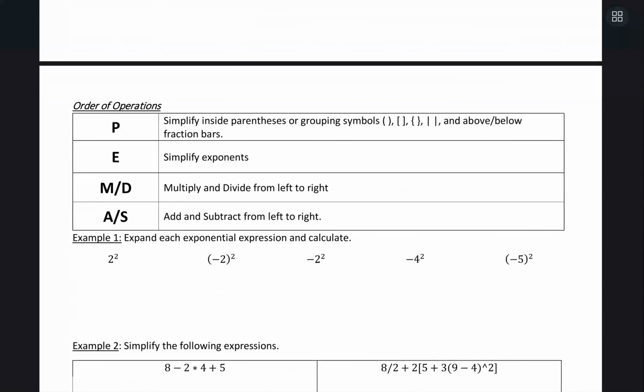Now, a common phrase out there that you have heard, maybe if you've done some algebra already, is PEMDAS. That tells us the order to go in. However, there is a slight flaw with PEMDAS, and that is because actually multiplication and division are done at the same time.